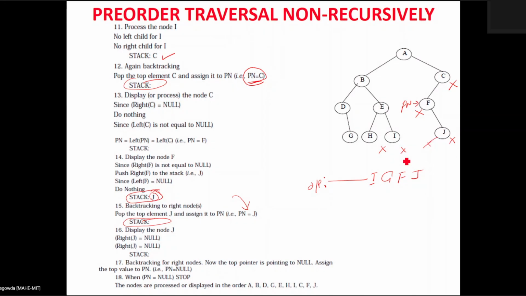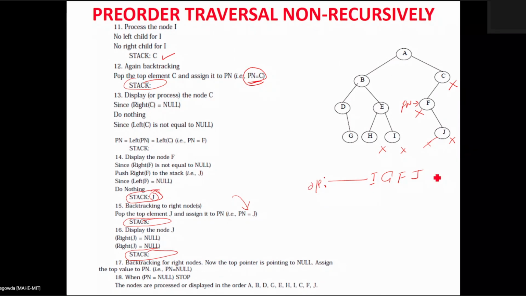Now when I pop the top of the stack, the status of the stack is empty. When the stack is empty, and there is no right subtree and no left subtree, it is understood that we have visited all the nodes in the binary search tree in the preorder traversal method.